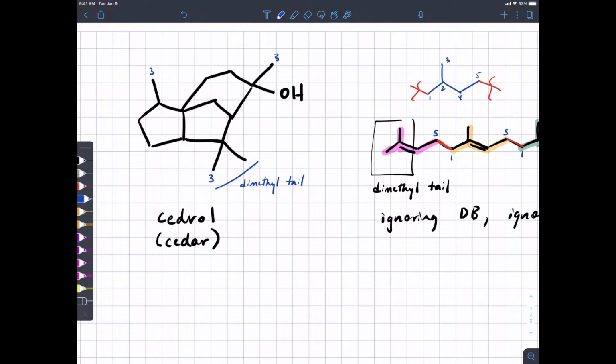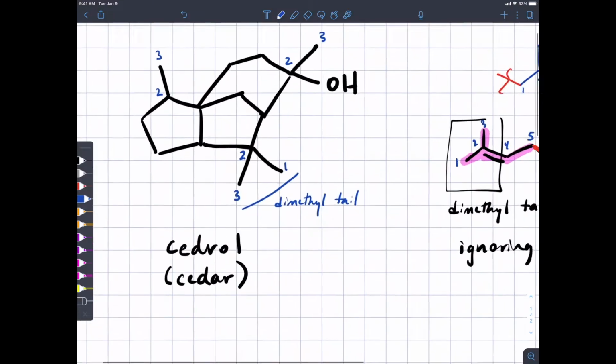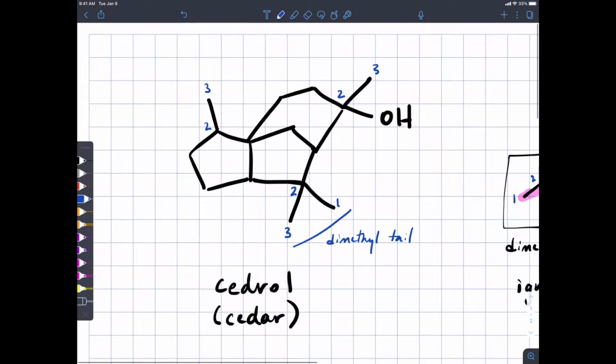The carbons that are bonded to the branching methyl groups are always carbon 2. And then if what I've identified here is my dimethyl tail, the other methyl group can be 1. You see that? Question so far about identifying stuff?